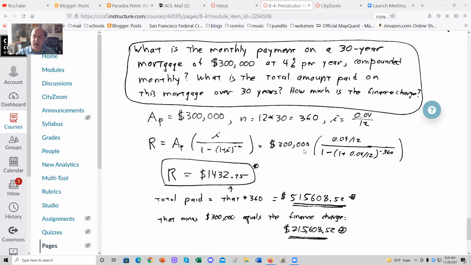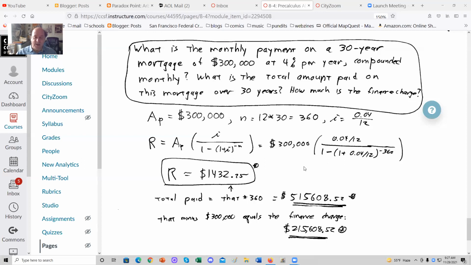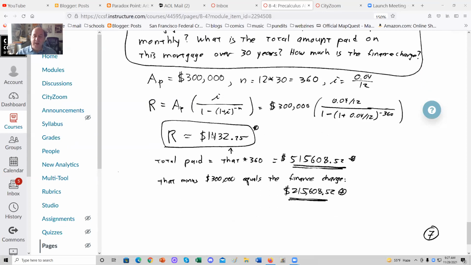That's $300,000 times 0.04 over 12, all over 1 minus (1 plus 0.04 over 12) to the negative 360. Calculate it out, and it comes up to $1,432.25. That's the monthly mortgage payment. So the total paid is this times 360, which is $515,608.52.